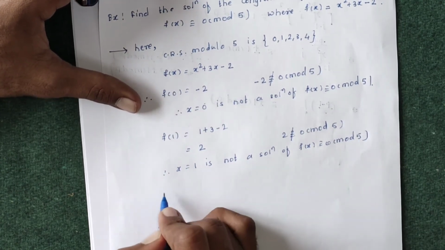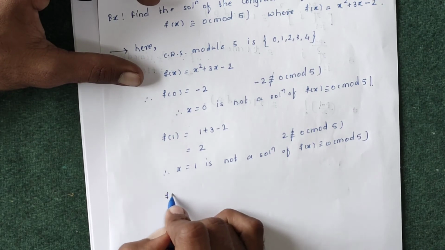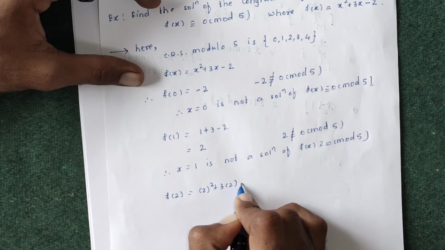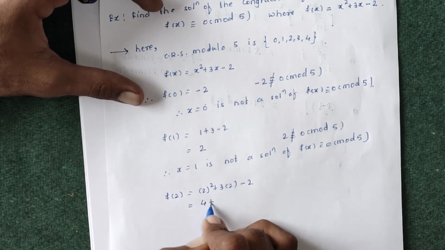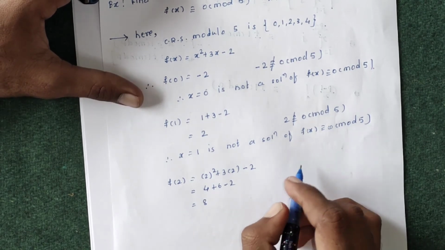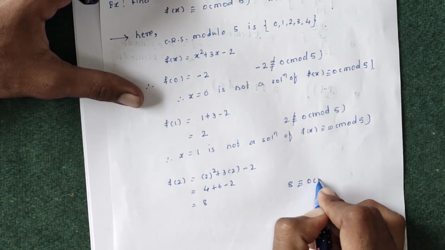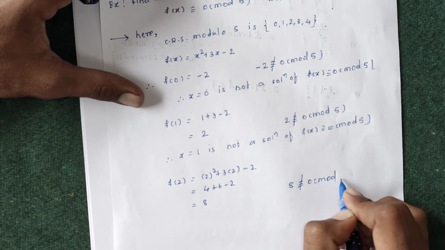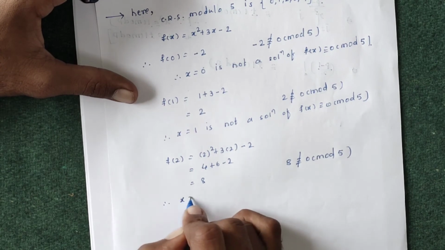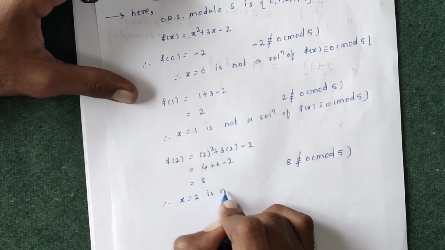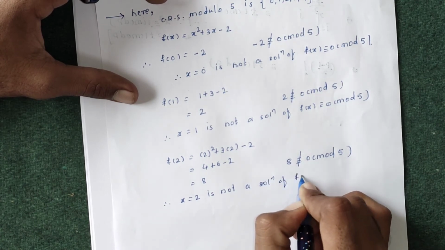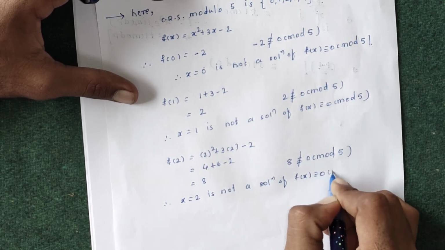Now for x equals 2, f of 2 equals 2 square plus 3 into 2 minus 2, which equals 4 plus 6 minus 2 is 8, and 8 is not congruent to 0 modulo 5 since 5 doesn't divide 8. Therefore x equals 2 is not a solution of f of x congruent to 0 modulo 5.